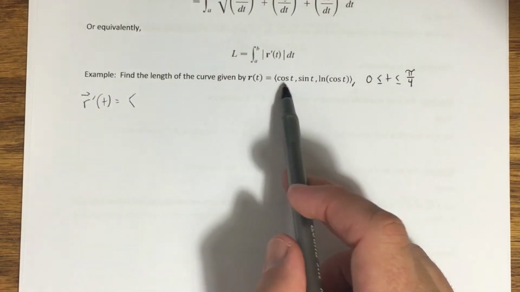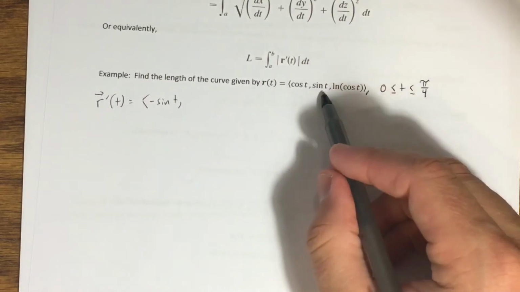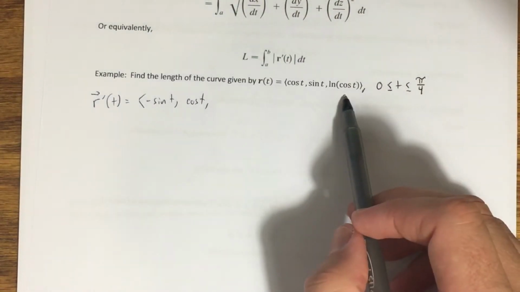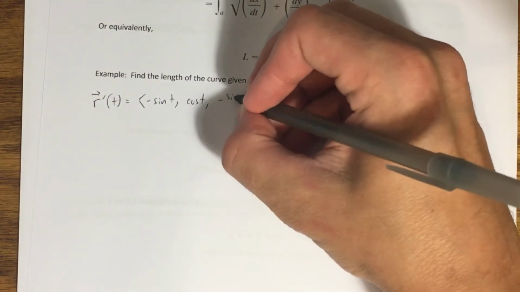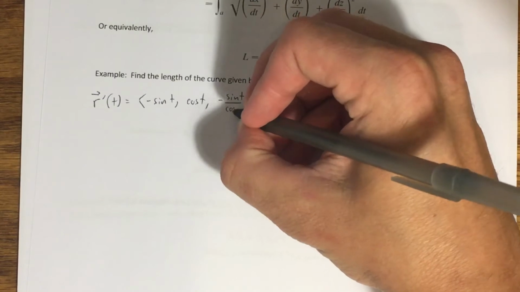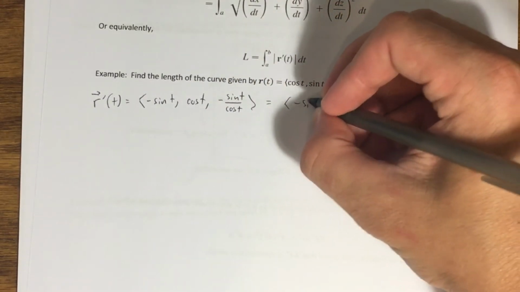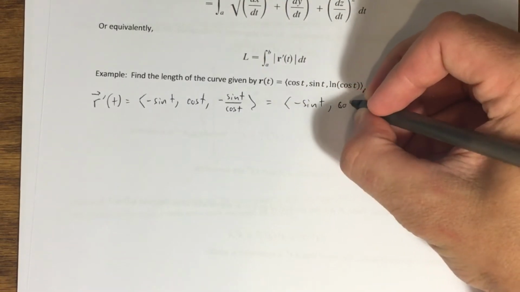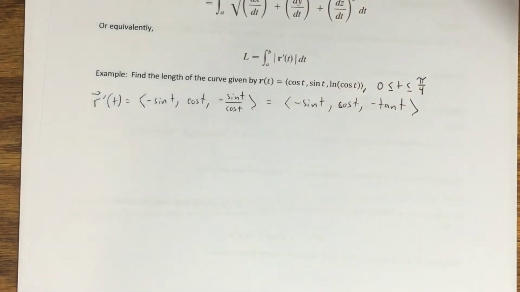This would just be negative sine of t, cosine of t, and then using the chain rule here, I'm going to get negative sine of t over cosine of t. Although that's the same thing as negative tangent, so let's write that this way. Negative sine of t, cosine of t, negative tangent of t.